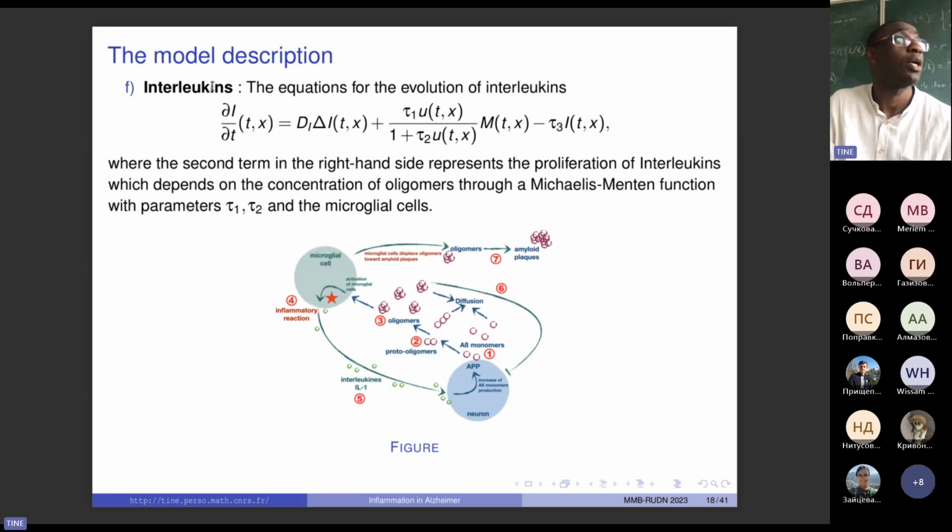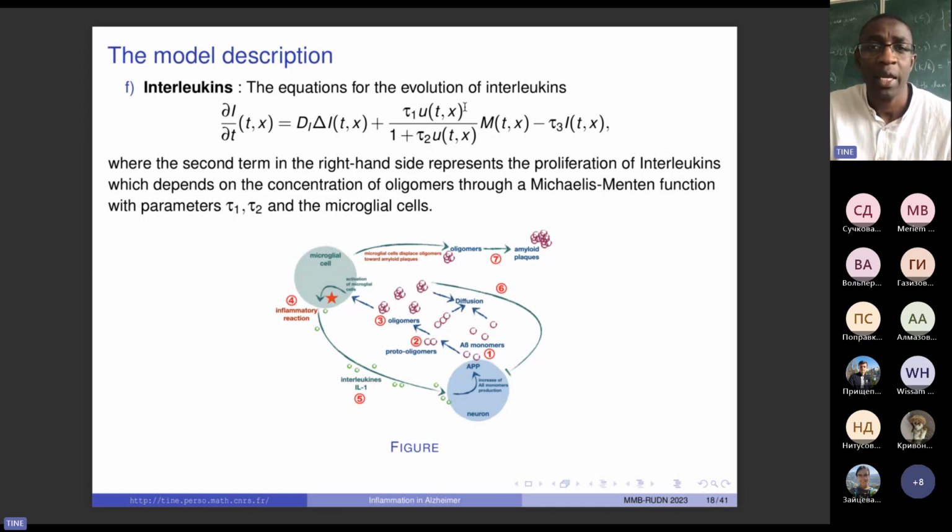As I said before, the production of interleukins depends on u, that means the oligomers, and it depends on microglia cells. Because if there are no oligomers, of course, there is no activation of microglia cells, so the process of inflammation does not begin.